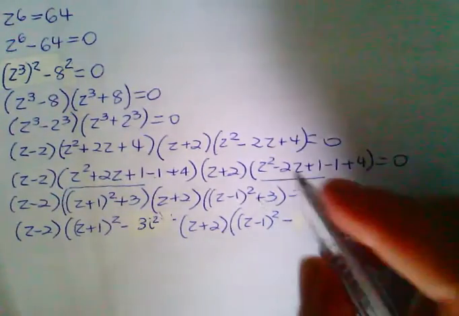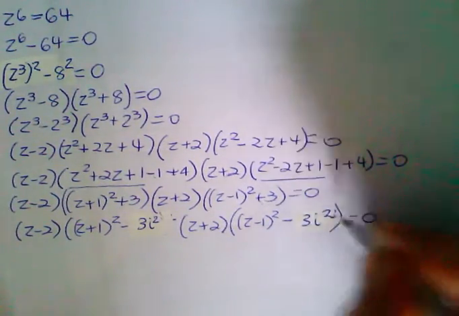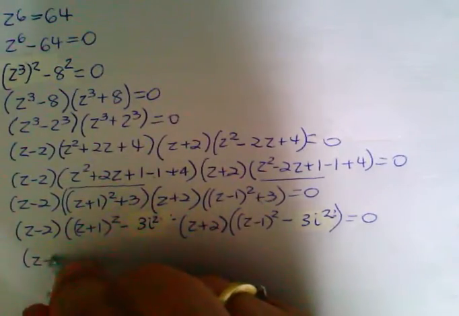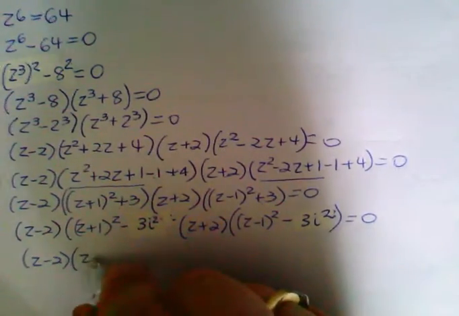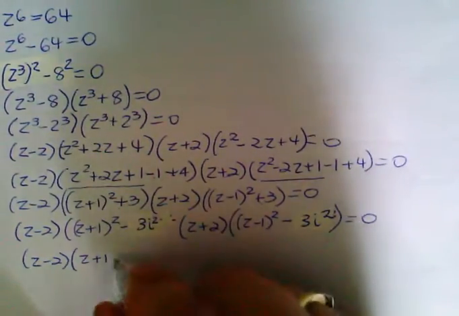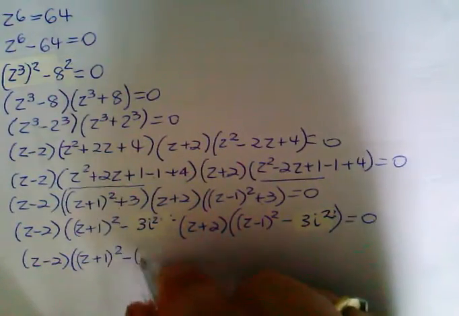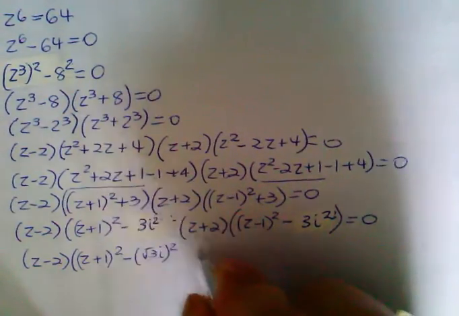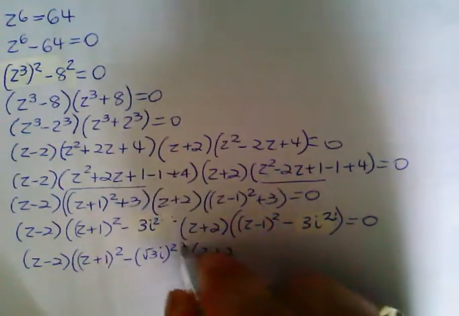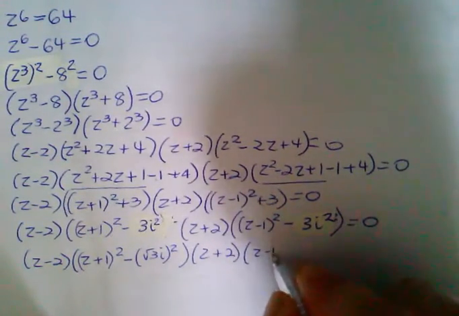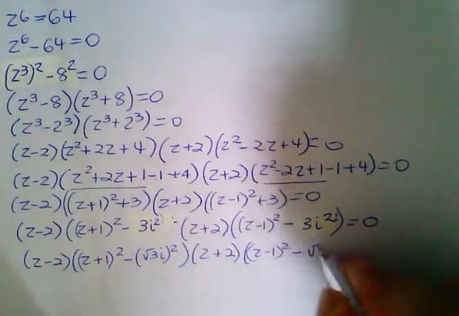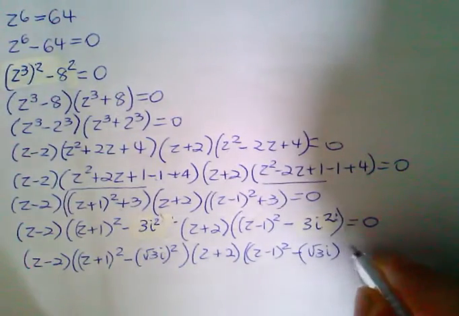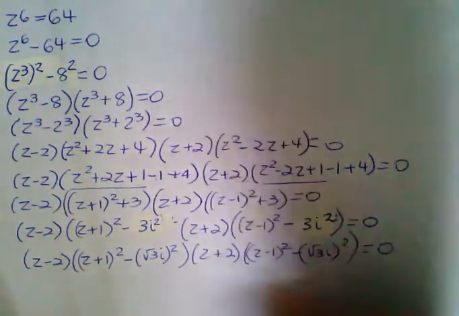So minus 3i squared. So now I've got z minus 2, z plus 1, so this squared minus root 3i squared, z plus 2 bracket, z minus 1 squared minus root 3i all squared bracket equals 0.